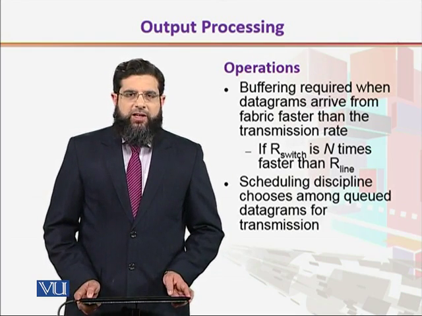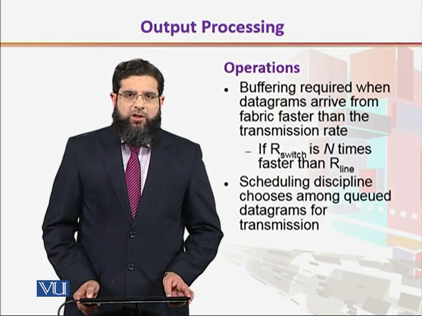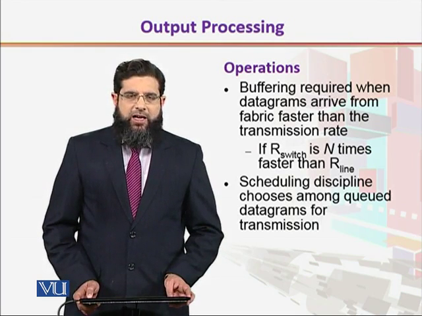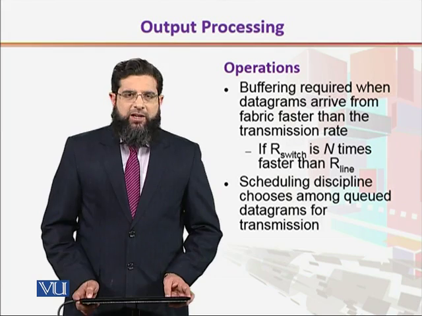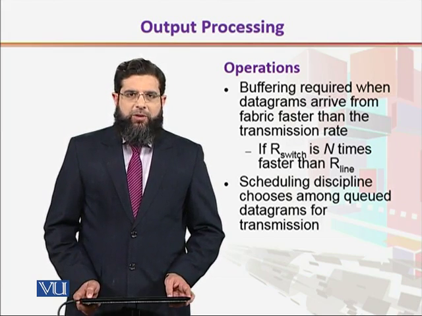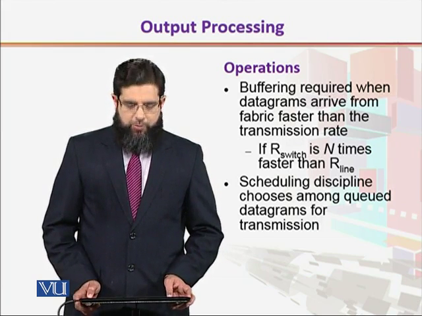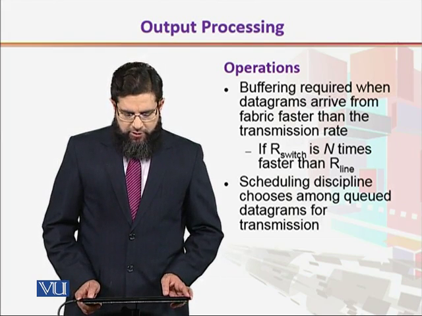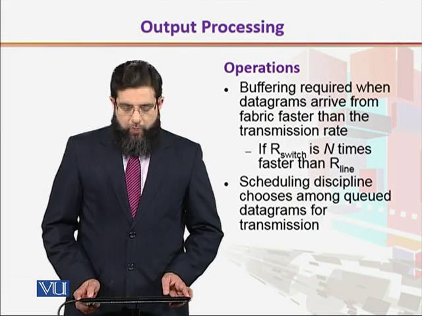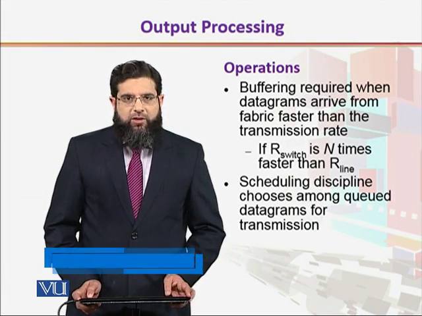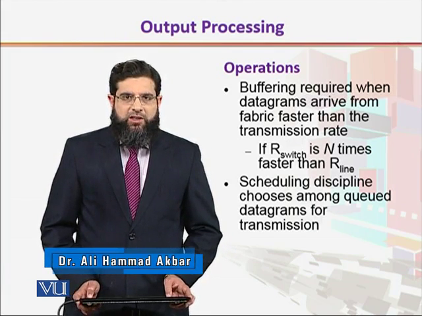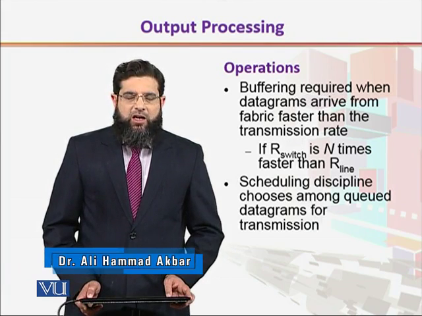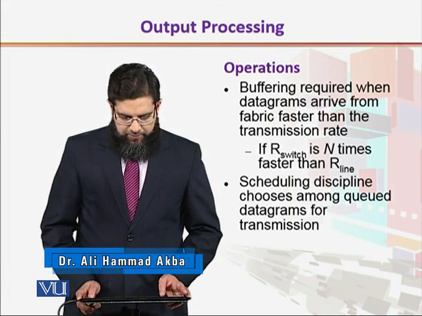When a router has finally given an incoming packet an output port, the packet is supposed to pass through the switching fabric and land in the output port. It may be possible that buffering is required when datagrams arrive from the switching fabric faster than what the outgoing network can handle.